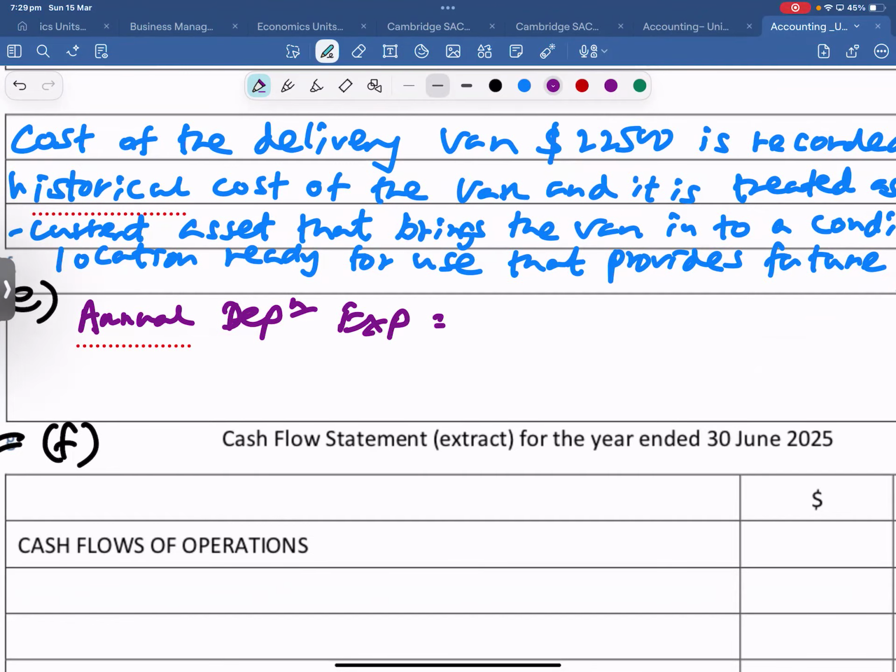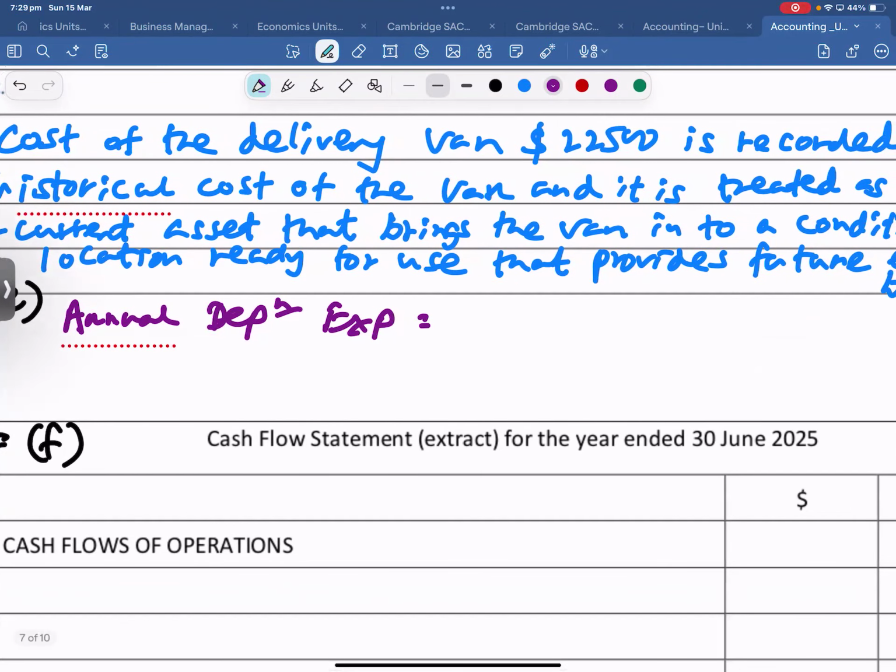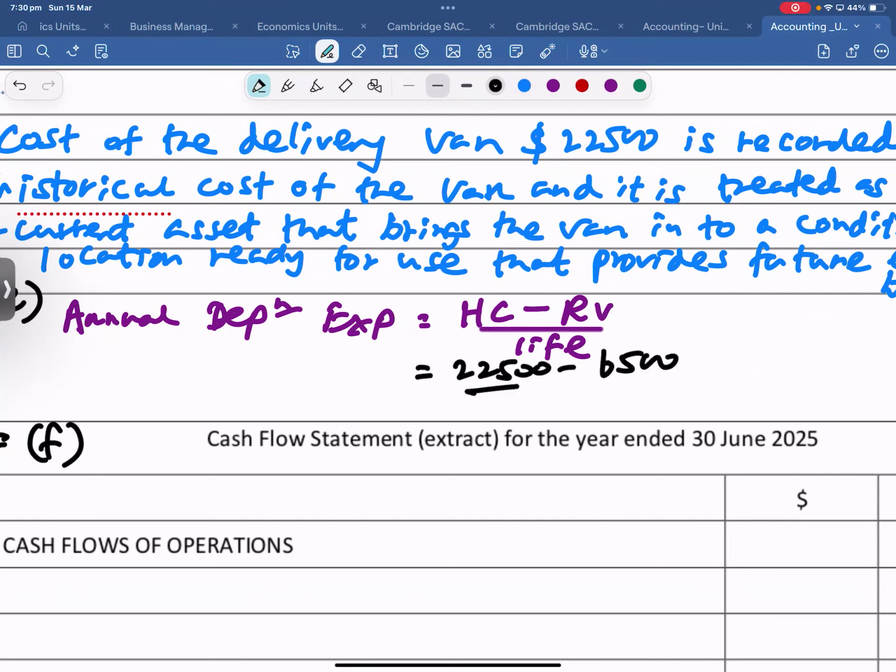Okay. So how do you calculate the depreciation, guys? Yes, historical cost, take away residual value, over useful life. So historical cost, how much? 22,500. Residual value 6,500. So then 16,000 divided by 5, which is 3,200.